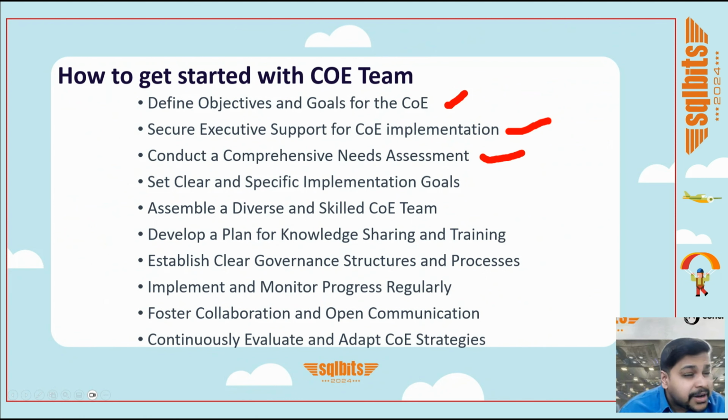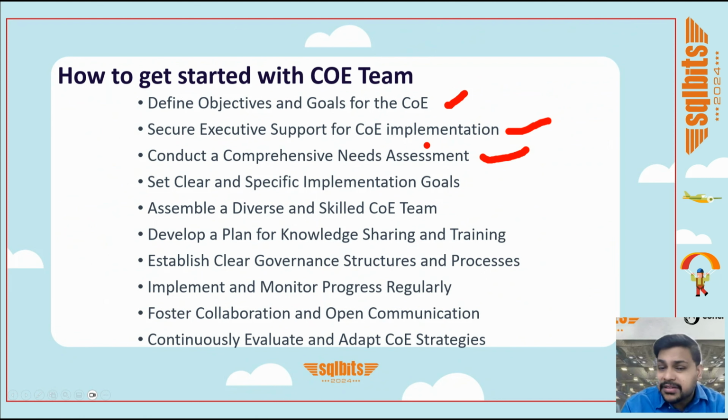Conduct a comprehensive assessment. This third point I take very seriously. This is where you baseline what your customer understands about the technology, and then based on that you grow. Let's say when you are talking to the department, they don't know anything about Microsoft Fabric. That might be possible, right? This is where you do a 5 or 10 question assessment. Hey, what do you understand about the Fabric technology? What do you want to achieve through the Fabric technology?